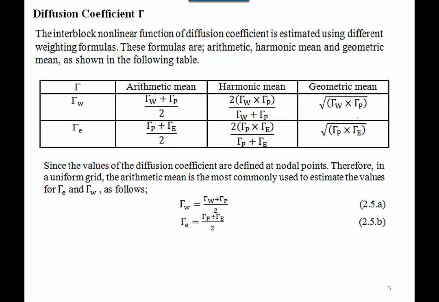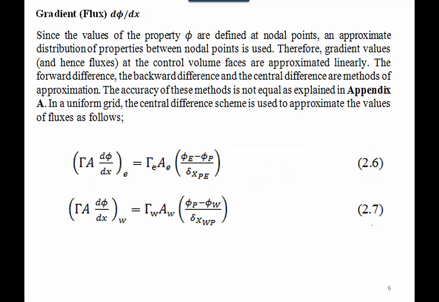Therefore we will use one of these methods to calculate K at each point. The most common method is the arithmetic mean method to calculate the distribution of gamma. So we use equations 2.5a and b to calculate gamma at the west interface and east interface.